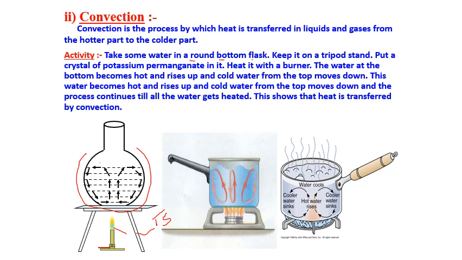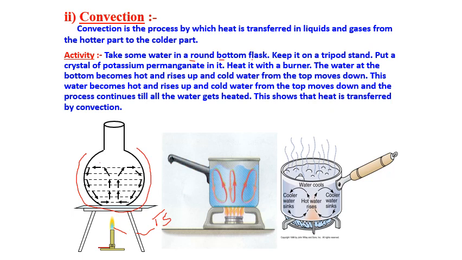The water, what you will see, the water at the bottom becomes hot as it is in direct touch of the flask and burner. So it becomes hot and rises up, and cold water from the top moves down. That means what is happening here?